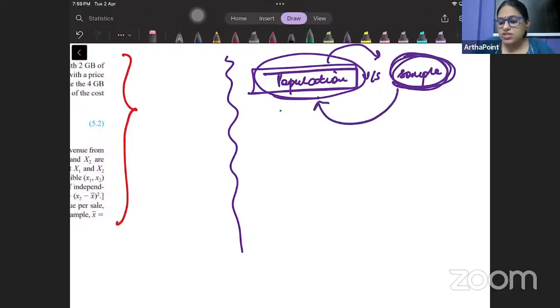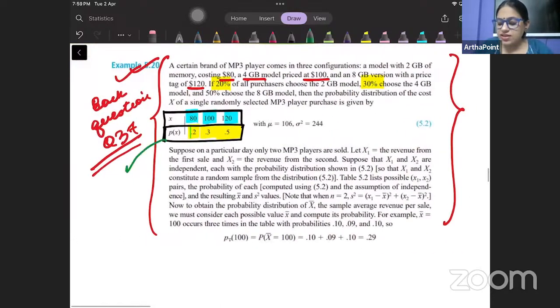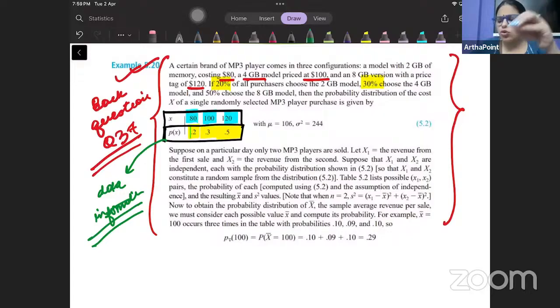So we try to understand more about the population based on the sample. ठीक है. Now try to understand that this data, the information that is given to you, जब भी आपको एक ऐसी general information दी होगी, whenever you will be given a general information कि इस इतने वाले को मैं इतने पे सेल कर रहा हूँ, इतने वाले को इतने पे, so that general information will always be the information belonging to the population.